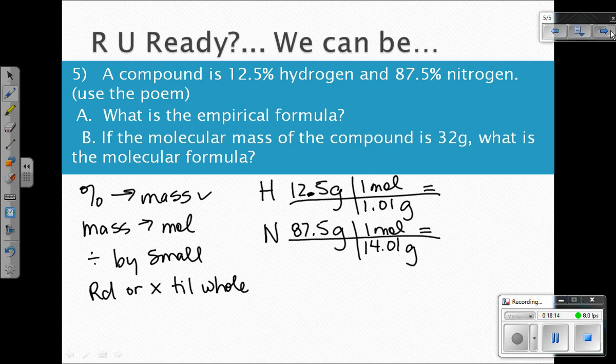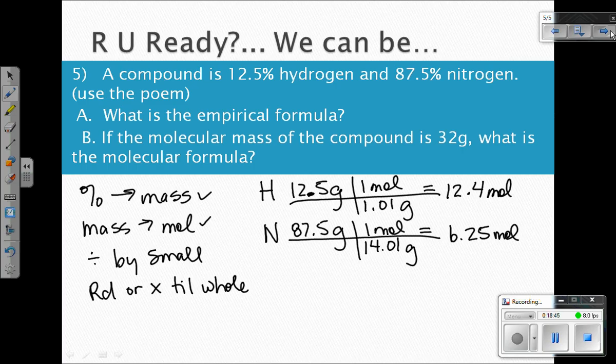These problems were the same on both quizzes, so that's why I only did it once here on the page. So when we do that, we're going to get 12.4 moles of hydrogen up here. And then when we do 87.5 divided by 14.01, we're going to get 6.25 moles of nitrogen. Now we've changed everything to moles.